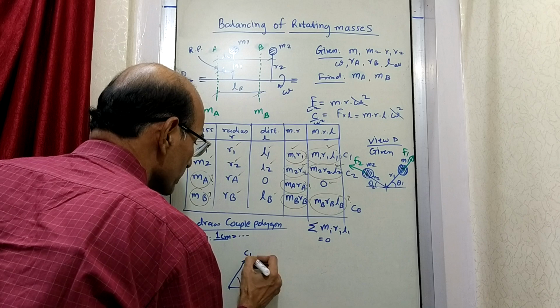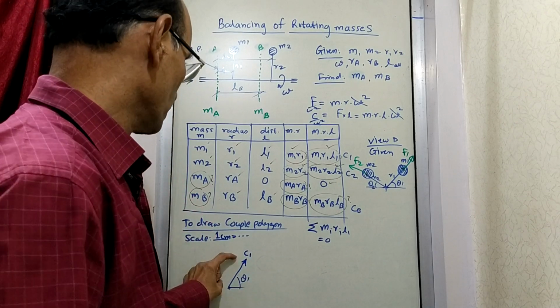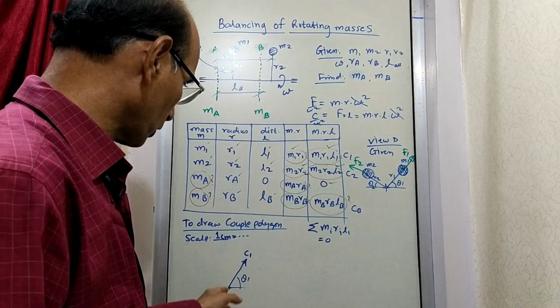C1 means this magnitude converted into a certain length.